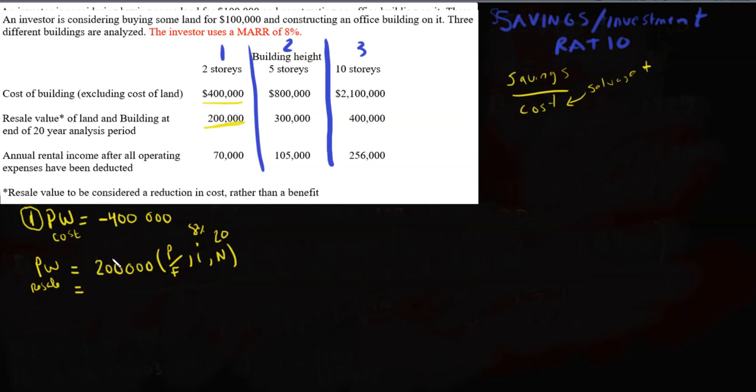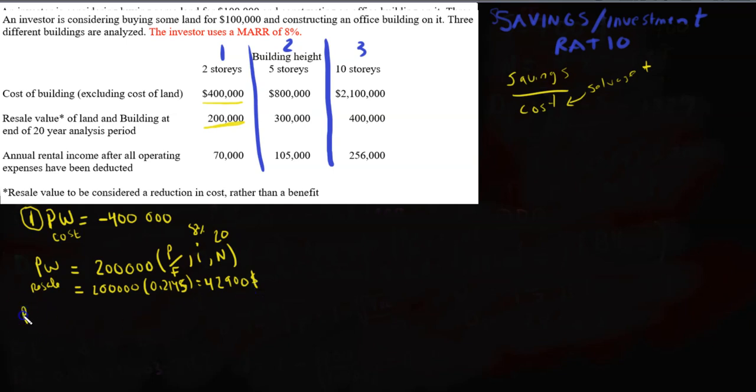Quick Google: compound interest factors tables. P over F for 8% and 20 years gives us a value of 0.2145. So 0.2145 times 200,000 gives us a value of $42,900 in the present worth of that resale value.